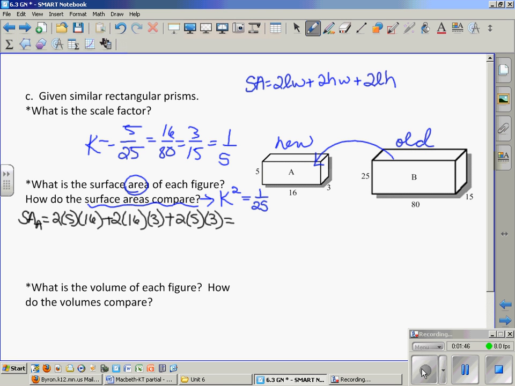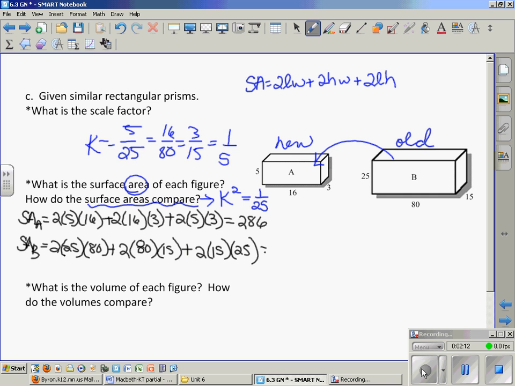That will end up being 286. The surface area of B is 2 times 25 times 80 plus 2 times 80 times 15 plus 2 times 15 times 25, and that will end up being 7,150.